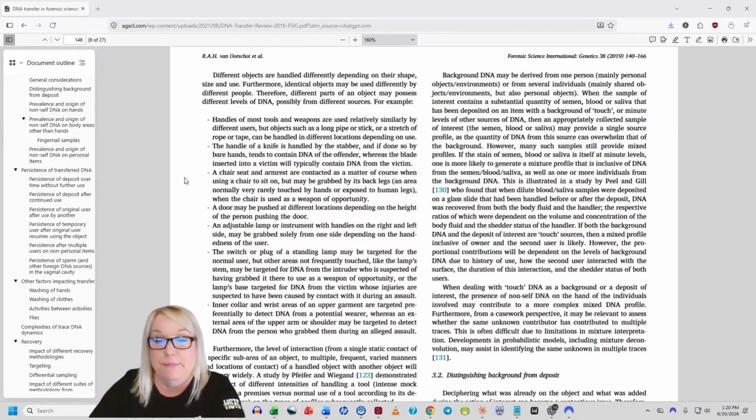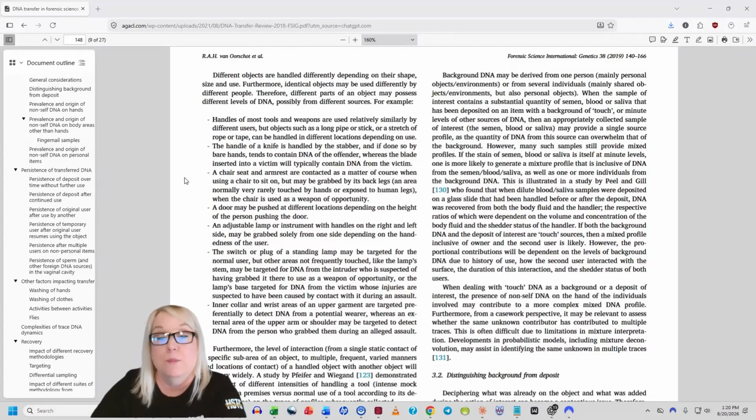If both the background DNA and the deposit of interest are touch sources, then a mixed profile inclusive of owner and the second user is likely. You're going to get a mixture of the people in the background and the bad guy or girl.